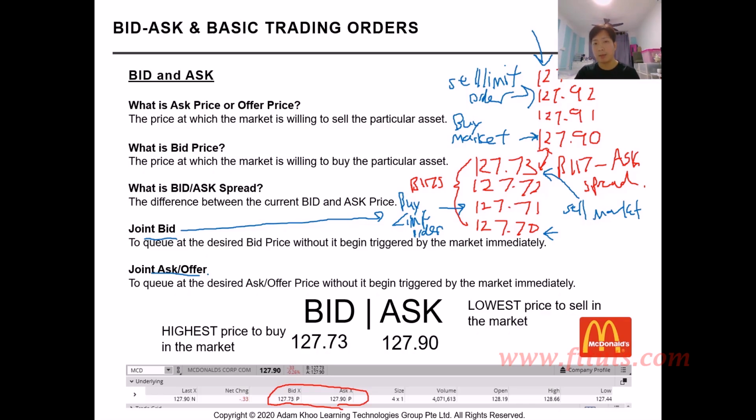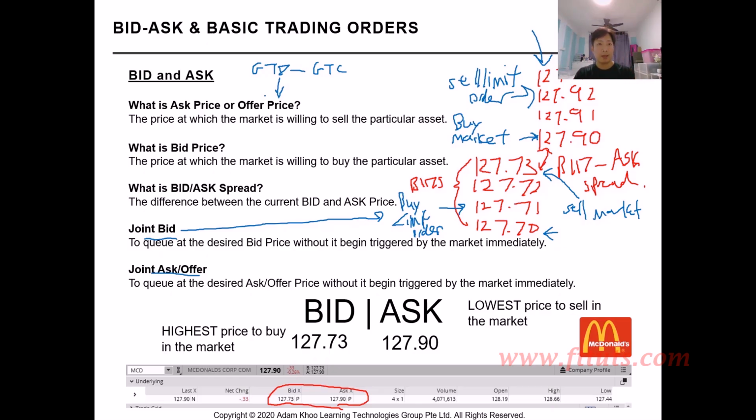And of course, like I mentioned, there are orders called GTD and GTC. GTD means good till date. If you put the order with a time configuration as GTD, and the market closes for today, your order will expire.